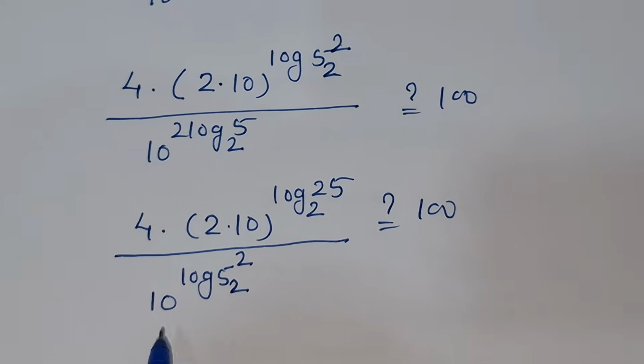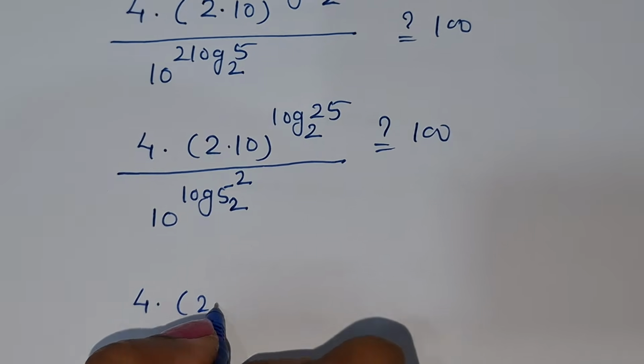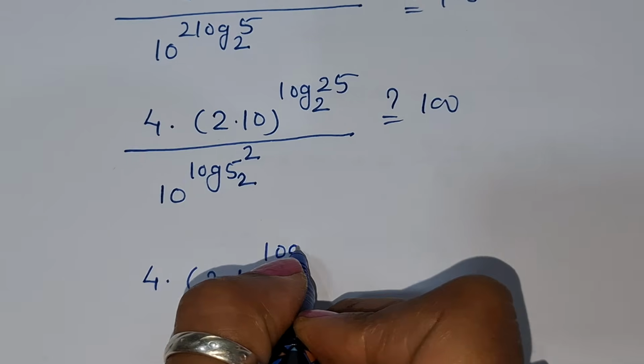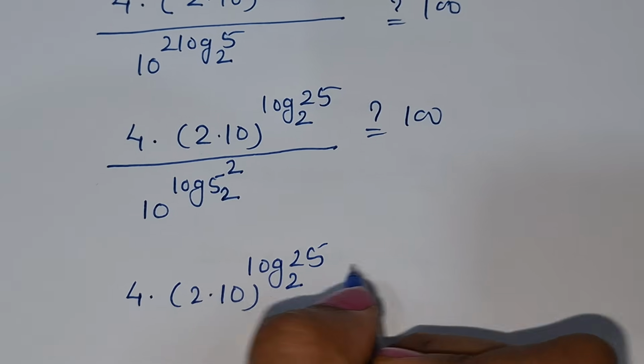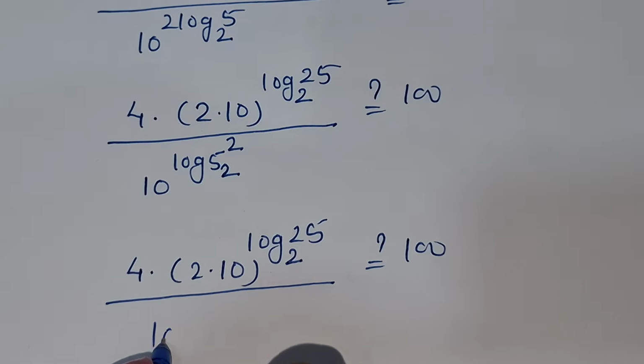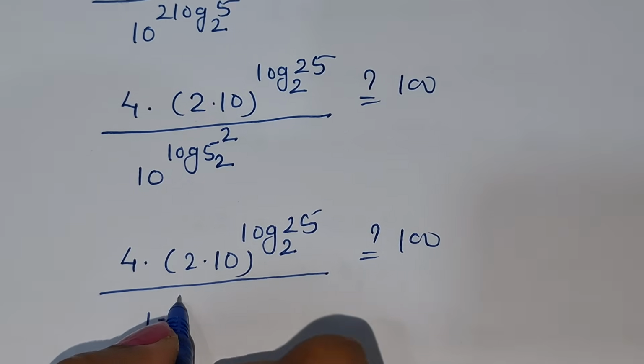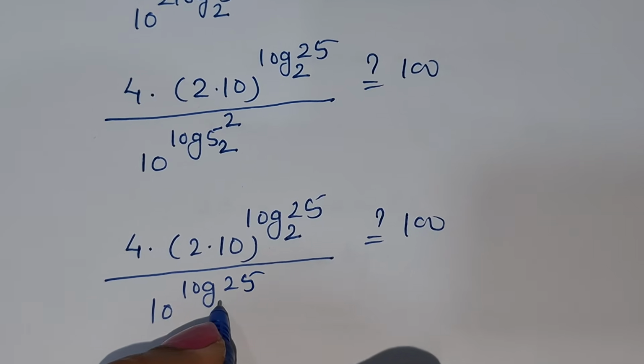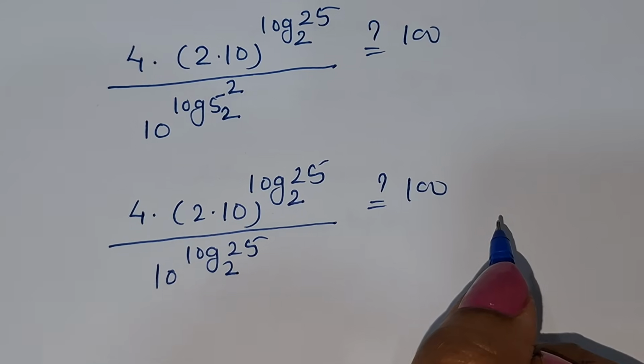So 4 times 2 times 10 log of 25 to the base 2, question mark 100, divided by 10 power log of 25 to the base 2, question mark 100, right?